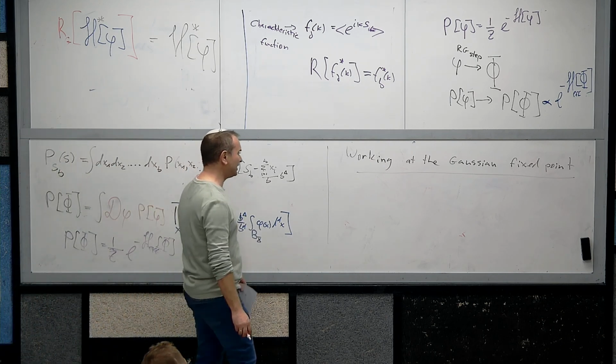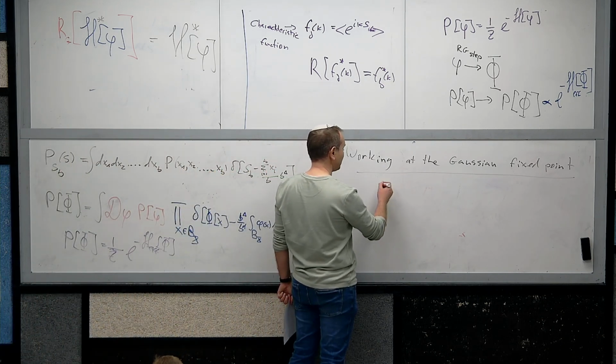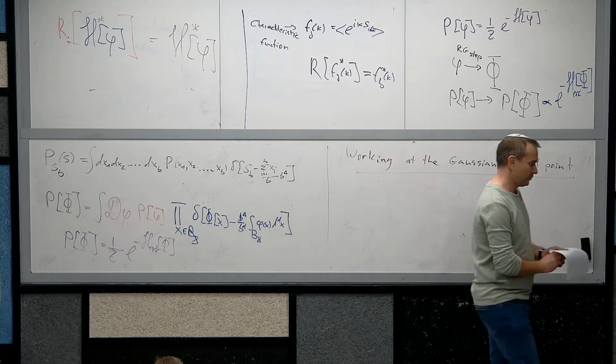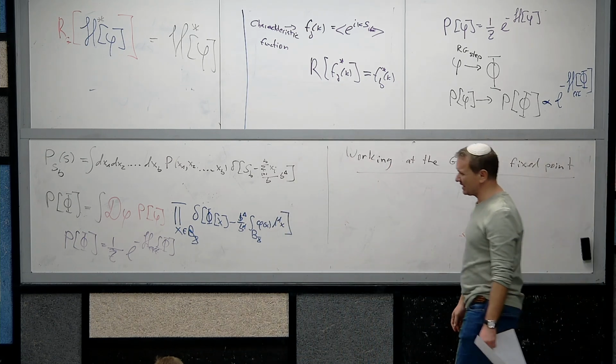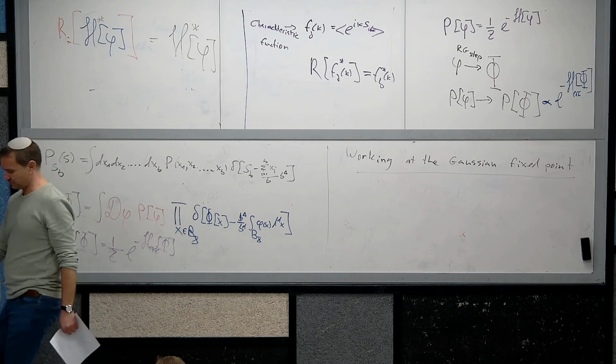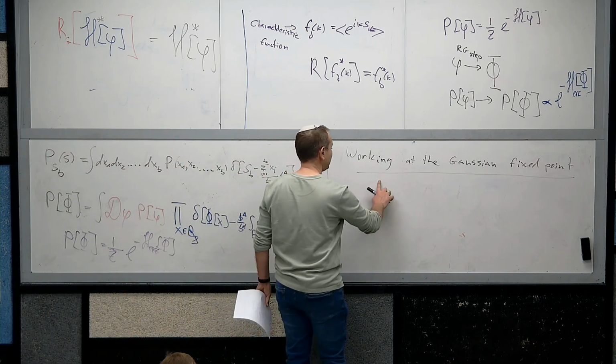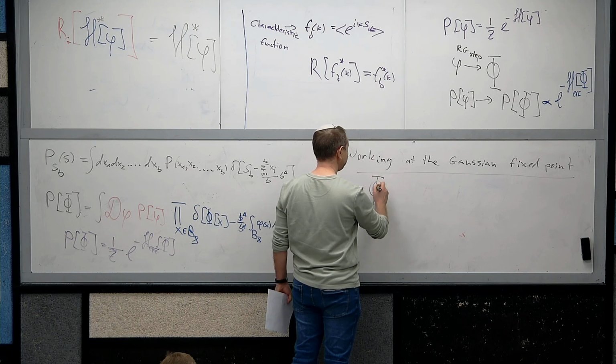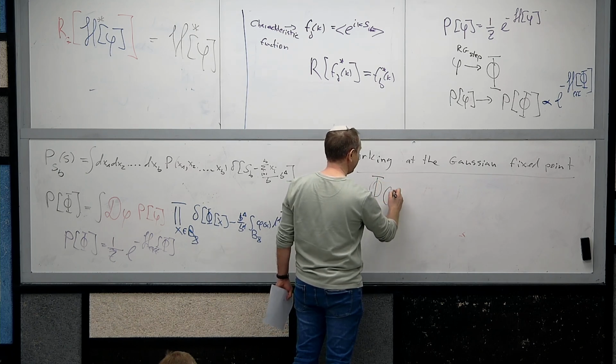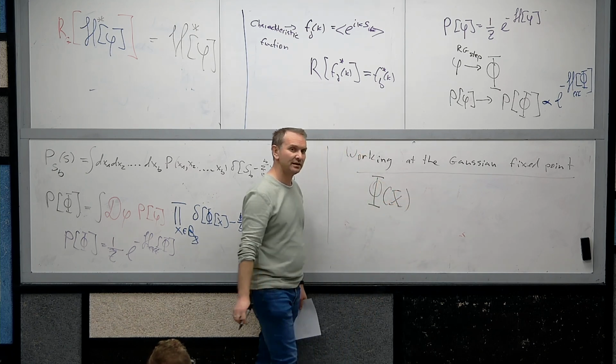Now I remind you that the first step was simply averaging. So this is phi at some point x.